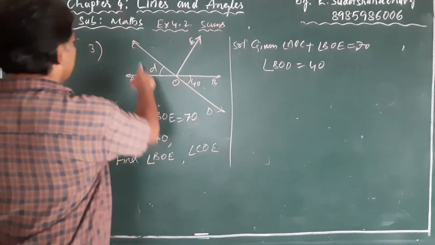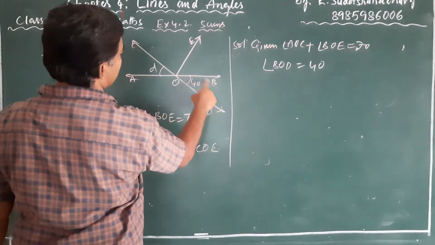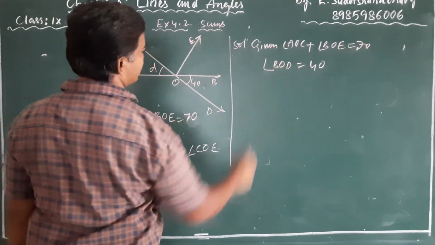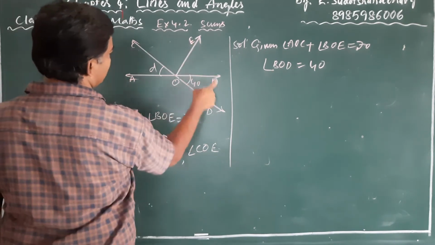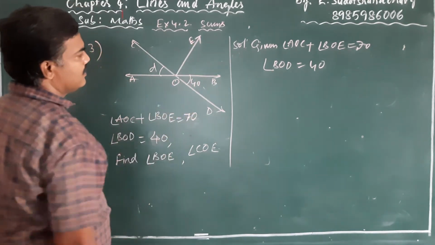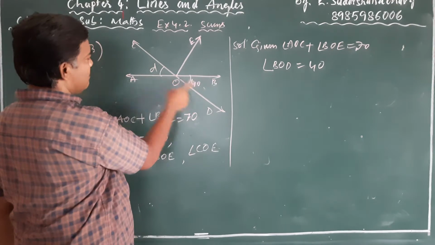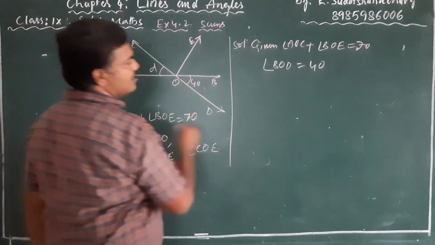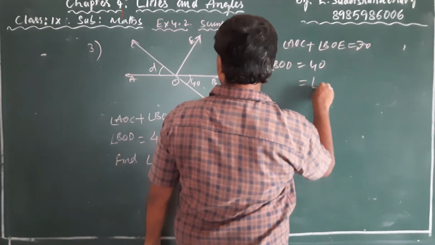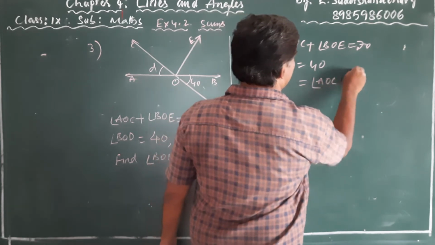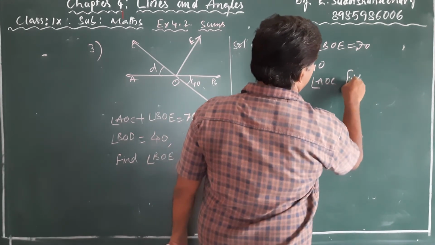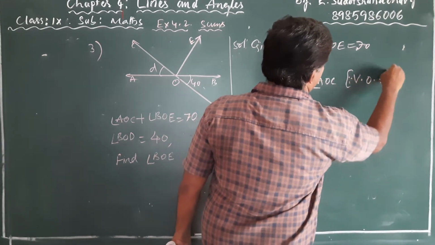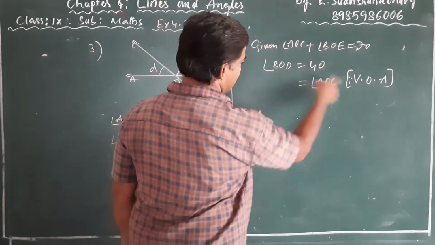So here, AOC plus BOE is 70 degrees, and BOD is given as 40. Here, children, these two are vertical opposite angles. So we can write it is angle AOC, because vertical opposite angles are equal.